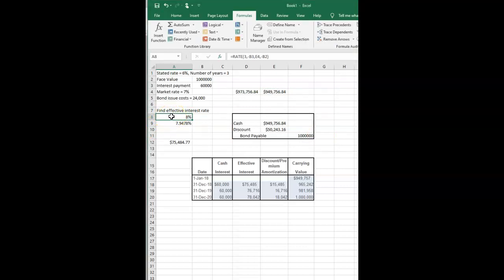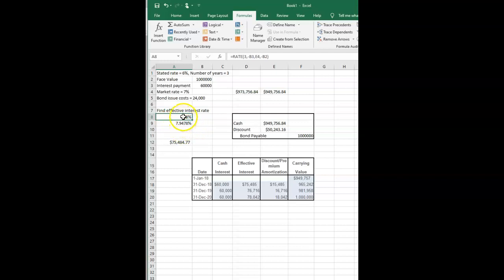This next little piece is just because we are using MyAccountingLab for our homework. I need to find out an interest rate, and it wants me to round to 4 digits past the decimal point if I state it as a percent.